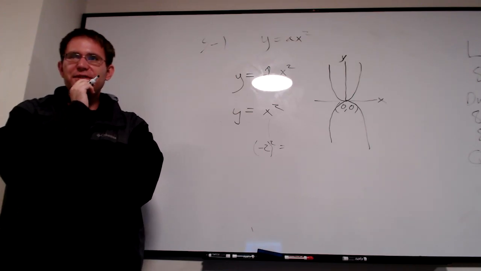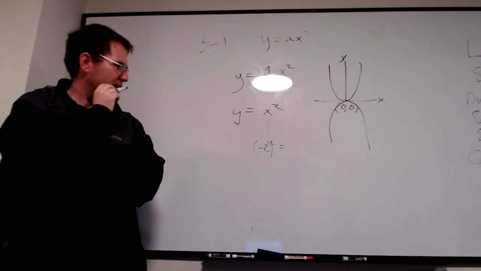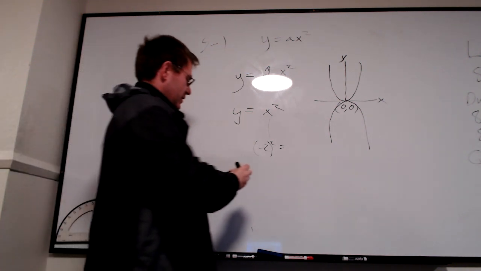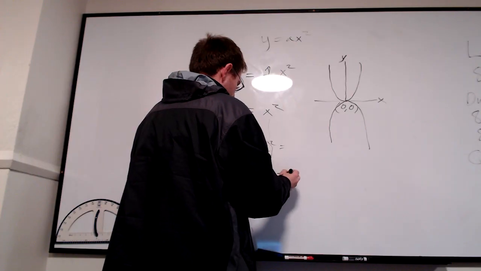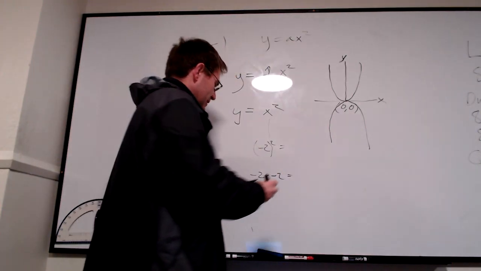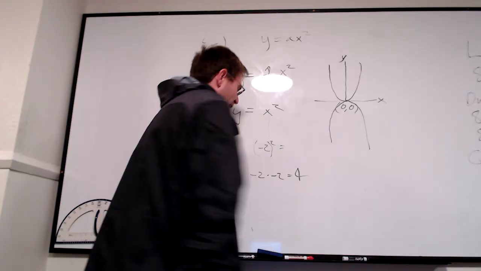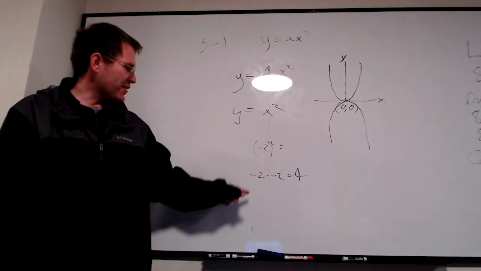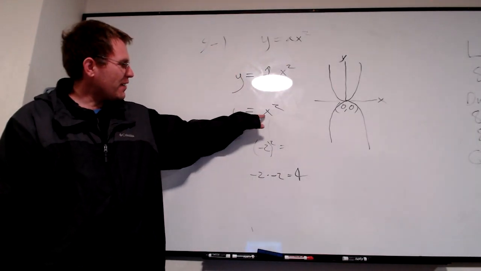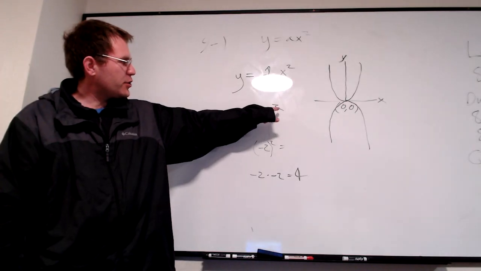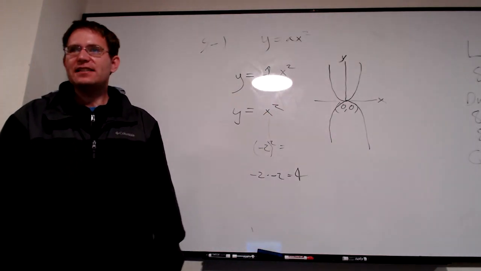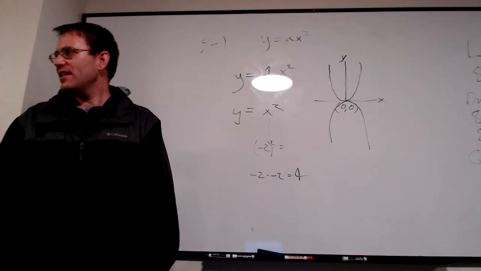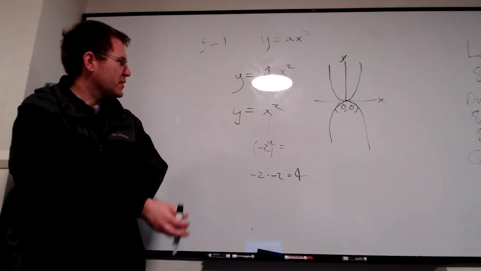Negative 2 times negative 2 is positive 4. So if you have some number squared, no matter what that number is, it's going to be positive.